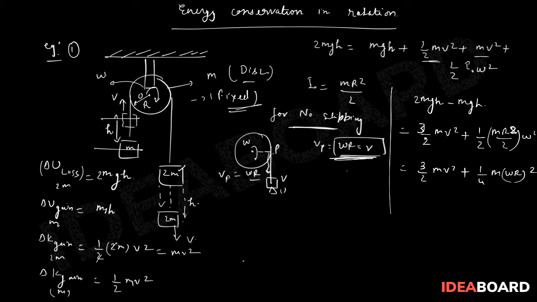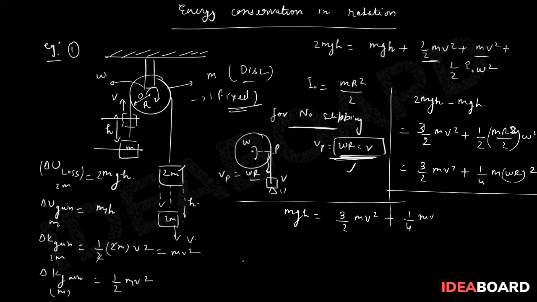And we have proved that v is equal to omega r, so we can substitute this value further. So this will become mgh is equal to 3 by 2 mv square plus 1 upon 4 mv square. Take the LCM, this is 4, 6 mv square plus mv square, so 7 mv square by 4 is going to be the value of mgh.